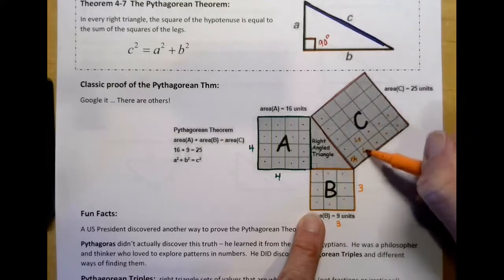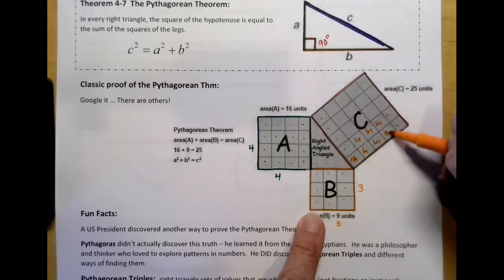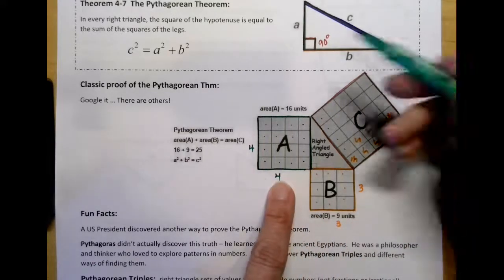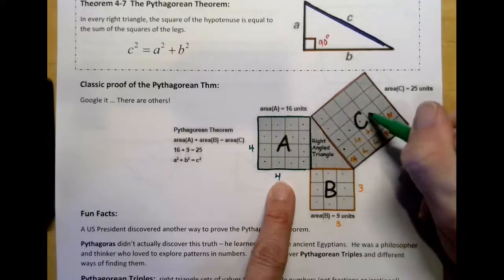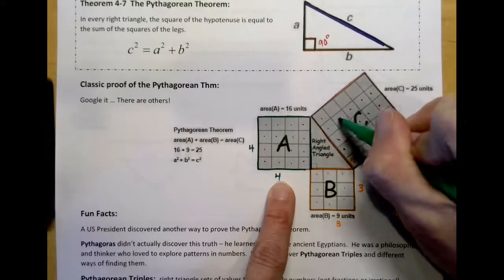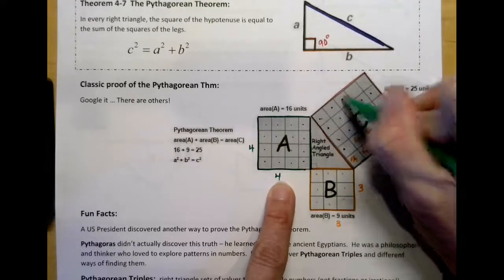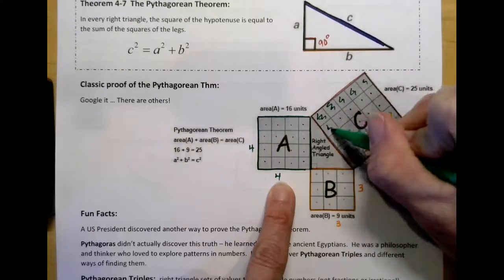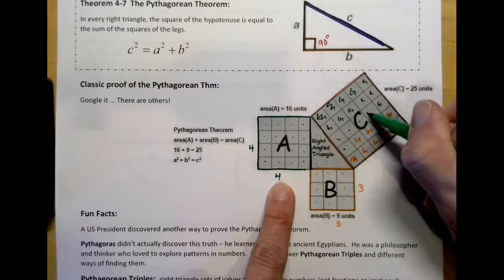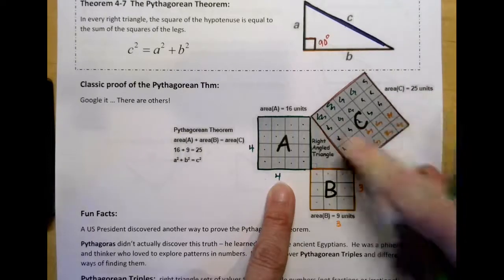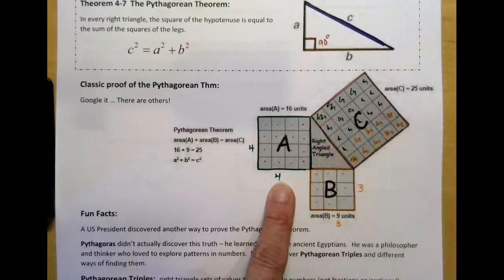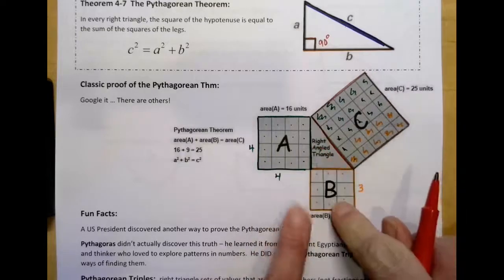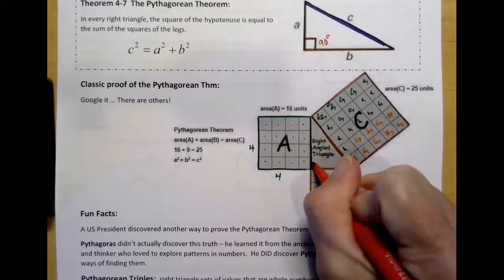So these orange ones are represented by my 3 by 3, and these 16 from my 4 by 4 square perfectly complete this 5 by 5 square that I get from this last side. So this relationship is pretty cool. A squared plus b squared is always going to equal c squared in any right triangle.